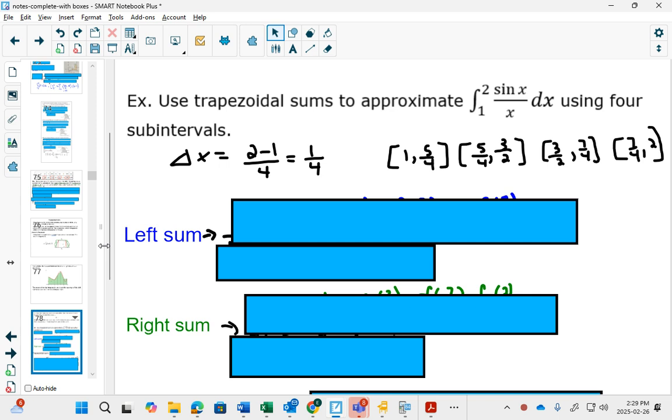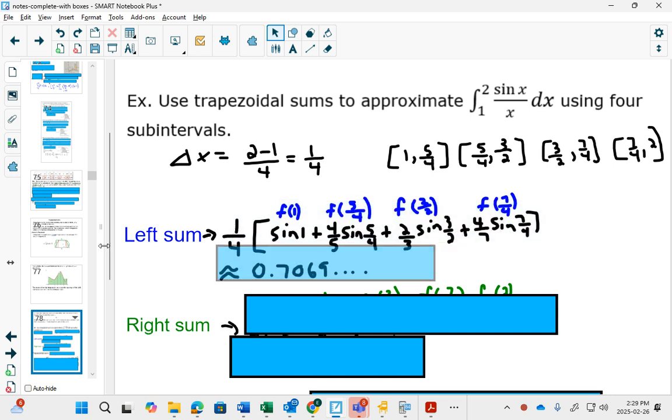If we actually draw out the intervals in interval notation, we have them there. For the left sums, all of them are 1/4, so you just plug in the left value points along the way.